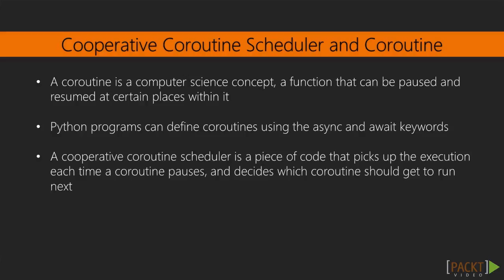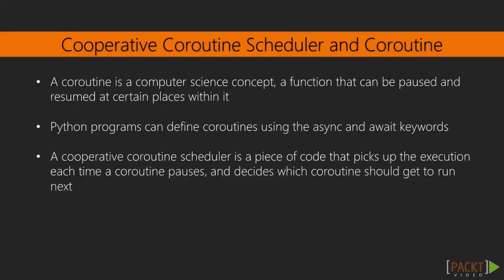A coroutine is a computer science concept, a function that can be paused and resumed at certain places within it. Each time it pauses, it can send data out and each time it is resumed, it can receive data. Python programs can define coroutines using the async and await keywords, and asyncio makes extensive use of them. A cooperative coroutine scheduler is a piece of code that picks up the execution each time a coroutine pauses and decides which coroutine should get to run next.